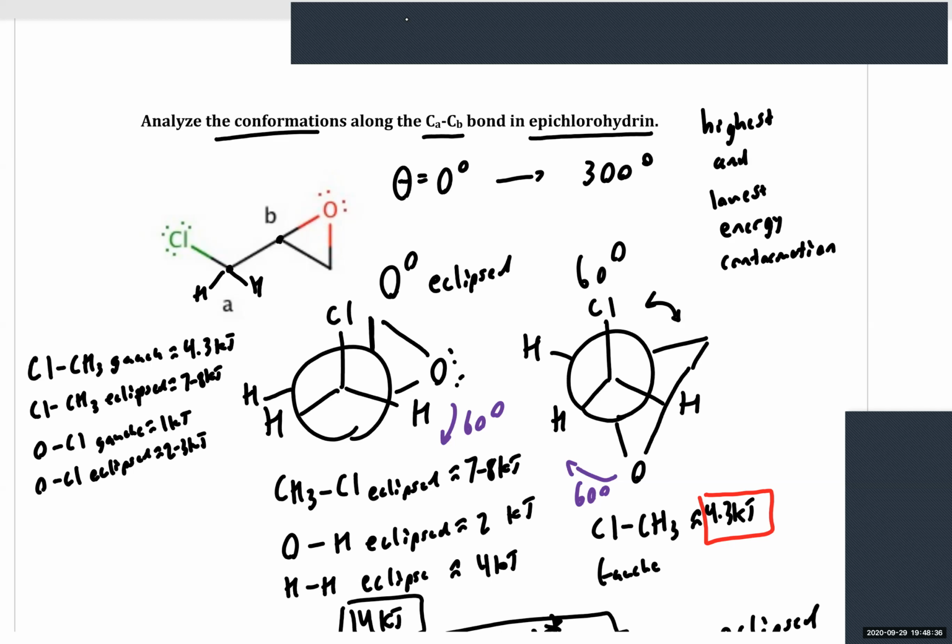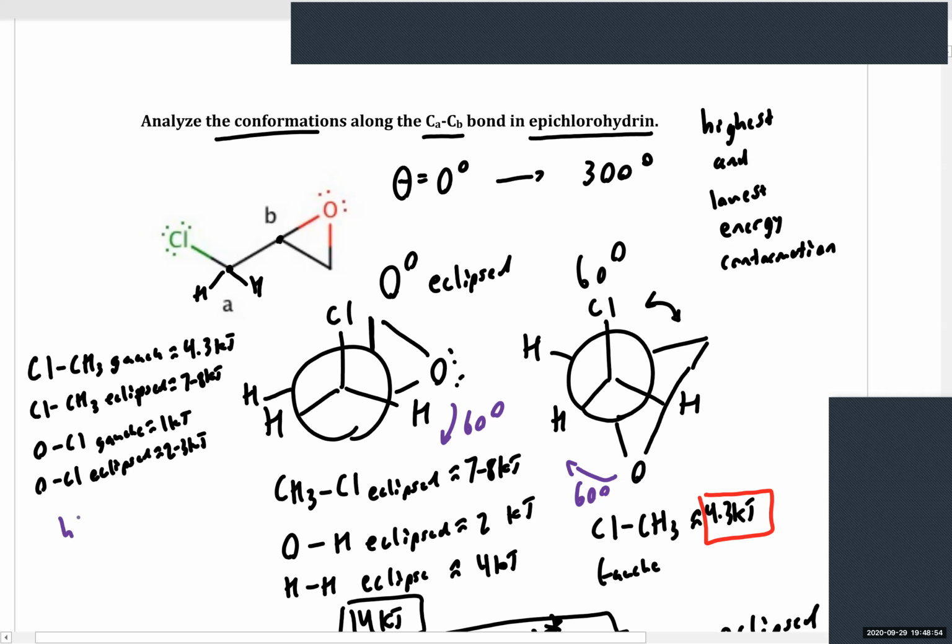Perfect. So, any other questions? So for some of these, you'll have to ballpark estimate the value for your gauche and eclipsing interactions. To answer this question, we'll see in chapter 4 that there's a table of what are known as A values.